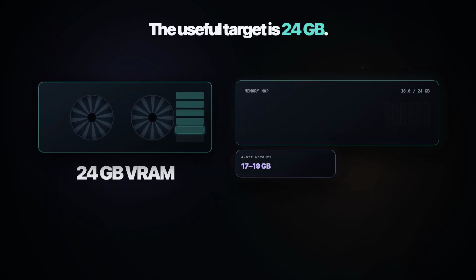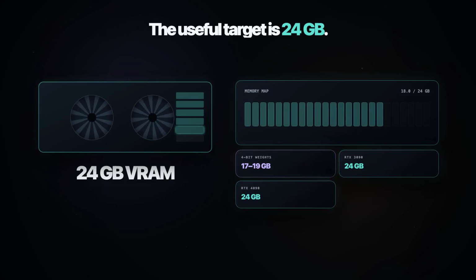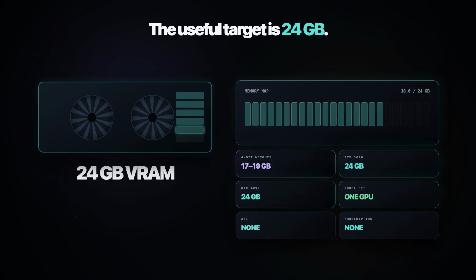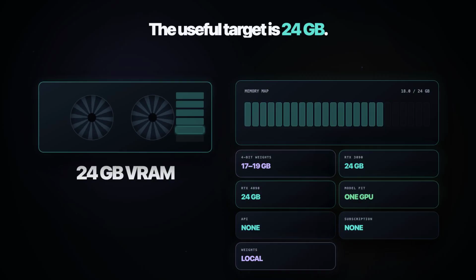The recommended 4-bit versions need roughly 17 to 19 gigabytes of combined memory. So immediately, something like an RTX 3090 or RTX 4090 with 24 gigabytes of VRAM becomes very interesting. You can put essentially the entire model on one GPU. No API, no subscription, no sending your code to somebody else's server. The weights are sitting on your computer, and the model is Apache 2.0 licensed.